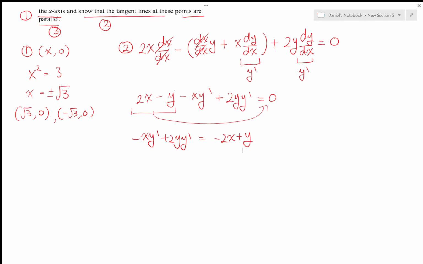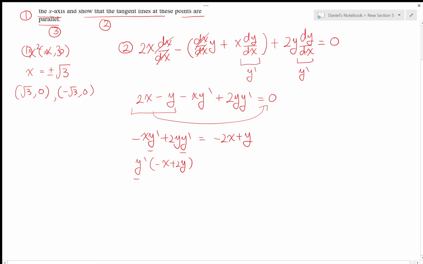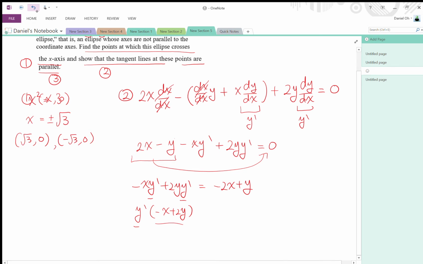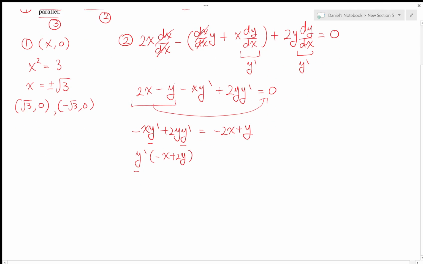Now, if you take a look at the left side, which has the y primes, we have two terms, both with y prime. So we factor out the y prime, so that it becomes y prime times negative x plus 2y, so that we can divide everything by negative x plus 2y.